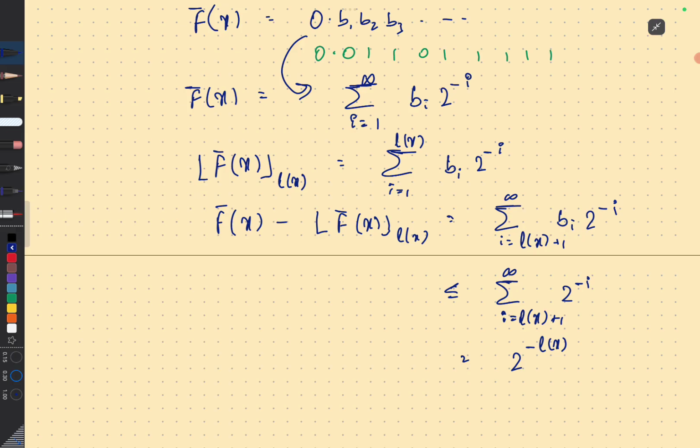Okay, so now let's try to find the binary representation of all of these probabilities over here to, let's say, the first 7 bits each.